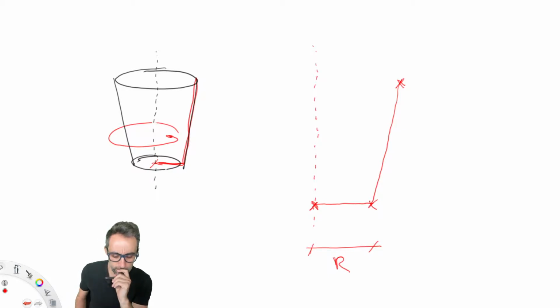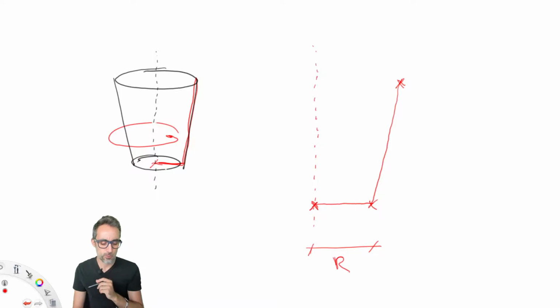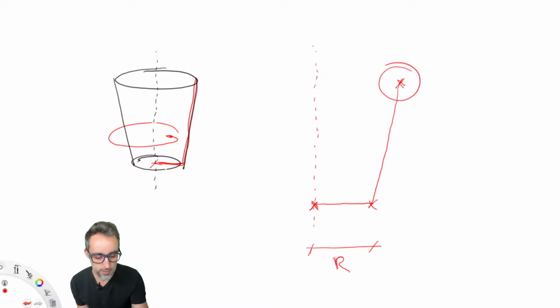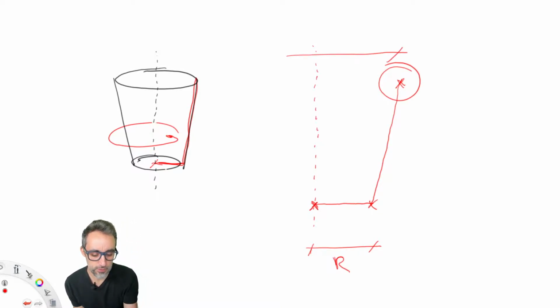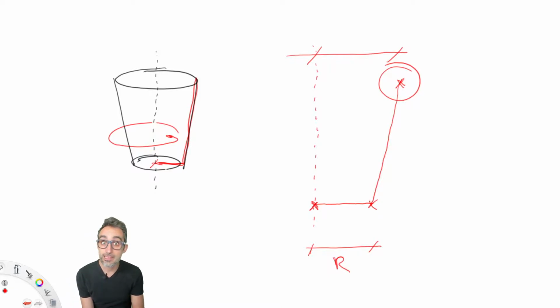My question here would be, what parameters am I going to use to control where this point is in 3D space? You could argue, well, maybe I can use this radius here.